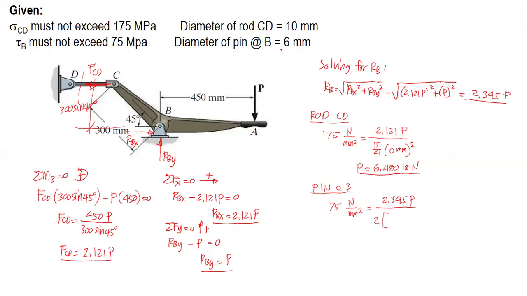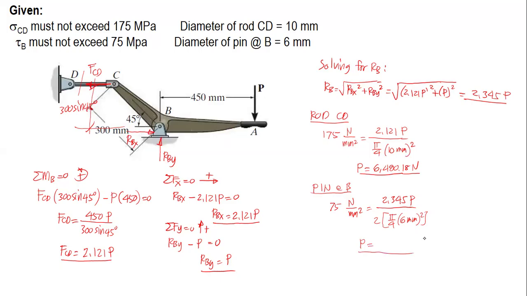It is circular with a diameter of 6, so you have pi over 4 times 6 millimeters squared.